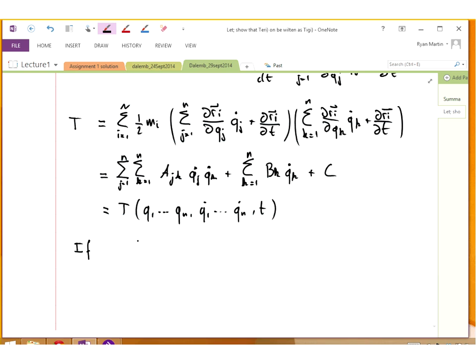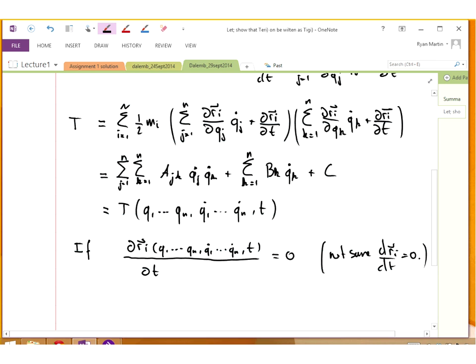So if the Ri, which you can write as a function of the coordinates, does not depend explicitly on time, and note that this is not the same as the total time derivative.